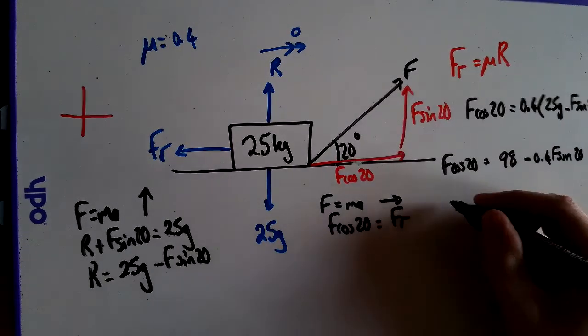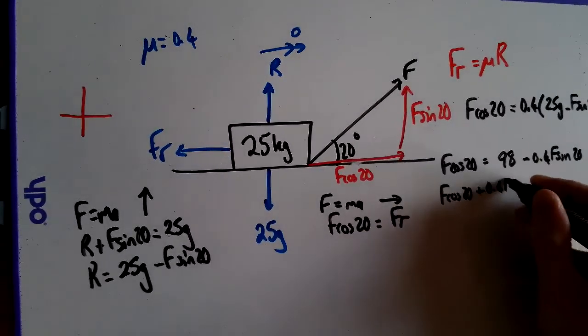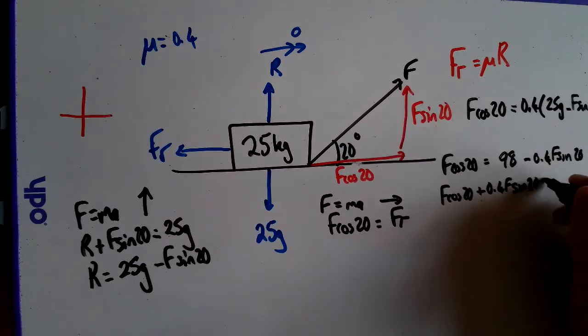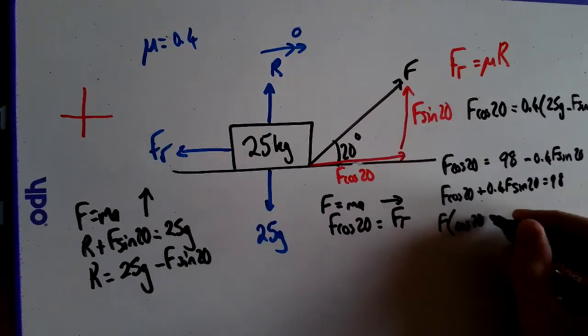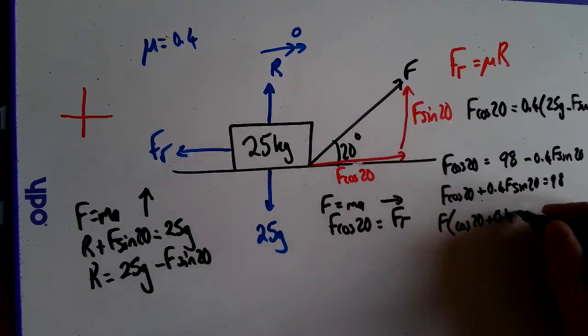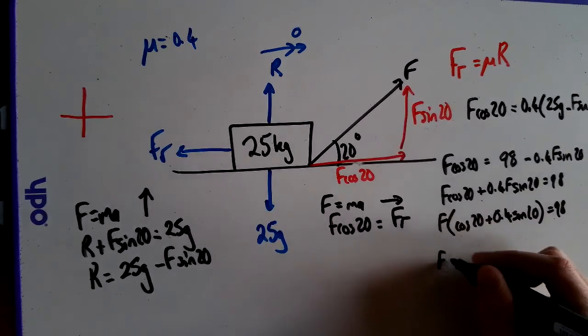Get all the F's on one side. So F cos 20 plus 0.4 F sine 20 equals 98. Factorize out the F, and then divide by my factor.